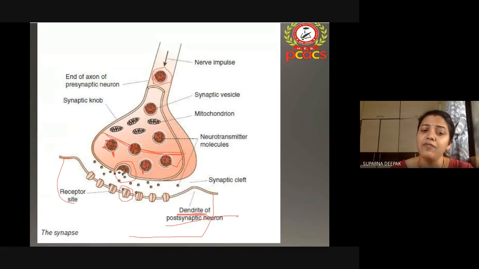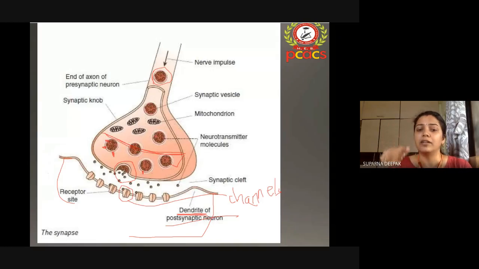Now, most of the time these receptors are bound to, or conjugated with, channels. What are channels? You have learned earlier. They are regions, or you can say the way for ions to move from one place to the other.